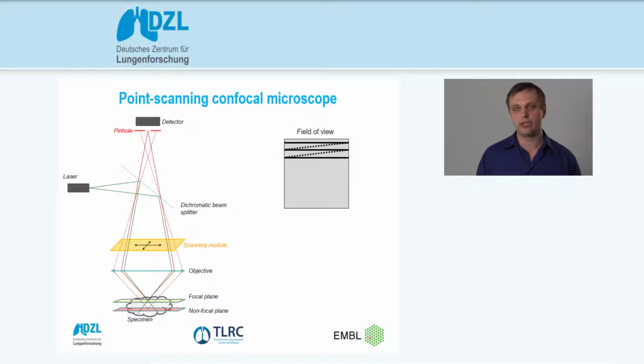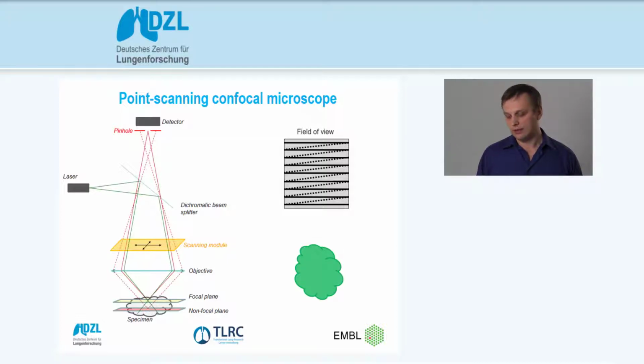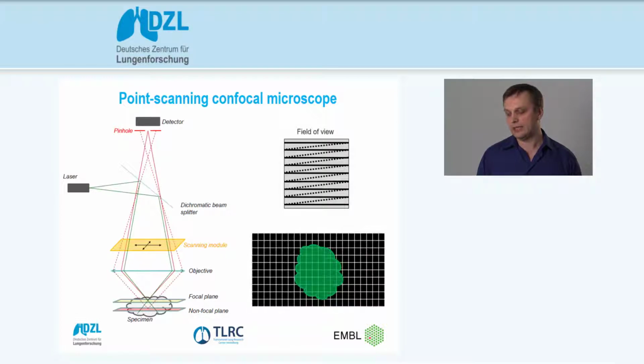The laser beam will continuously go through the field of view, scanning line by line, and covering the whole field of view. The resulting image of the object, which is schematically represented by the cloud, will of course be pixelated and will be represented by the pixels where the signal is positive, above the background.